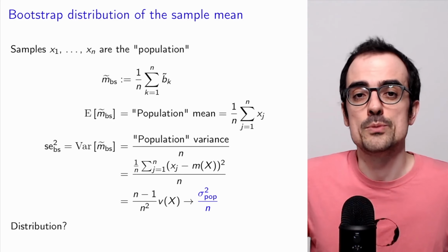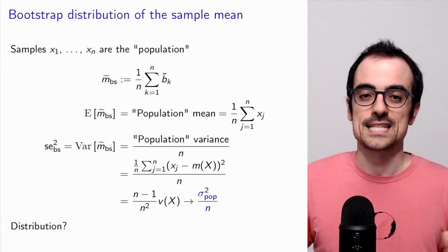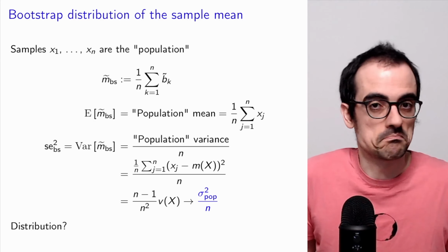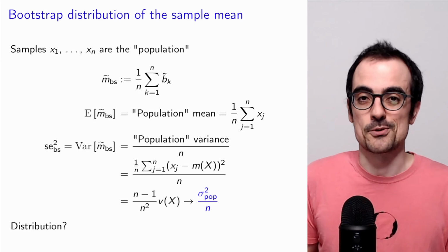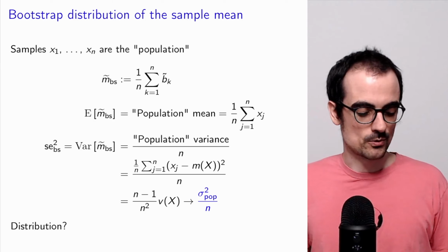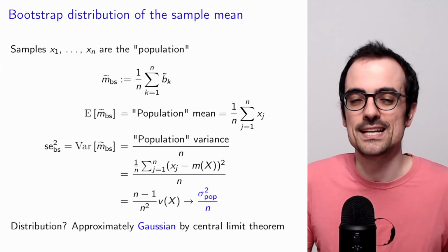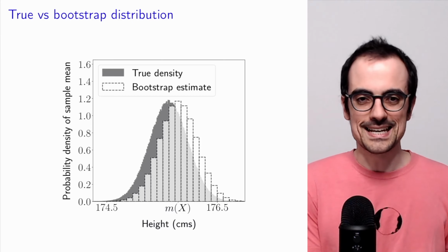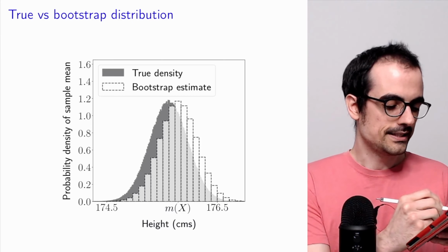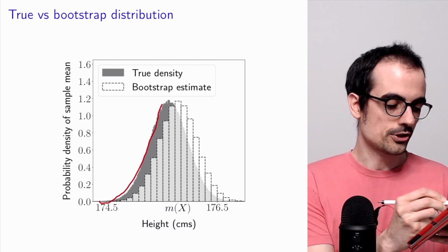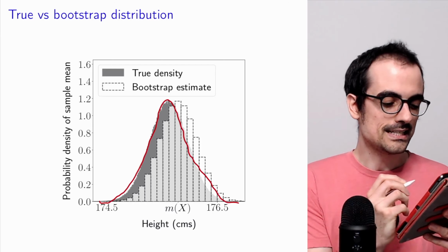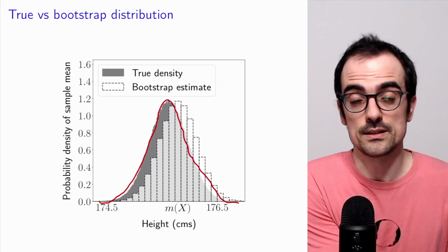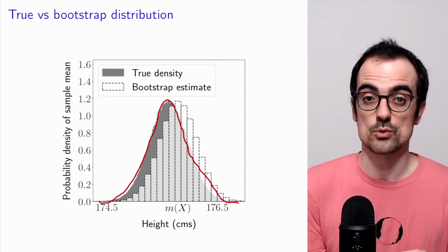Now, what is the distribution of these bootstrap sample means, where we're sampling over and over from a population? We can take the Gaussian approximation provided by the central limit theorem. We're going to have something that is Gaussian with that mean and that variance. So the underlying true distribution of the sample mean is Gaussian, centered at the population mean and with a standard deviation that is the population standard deviation divided by square root of n.